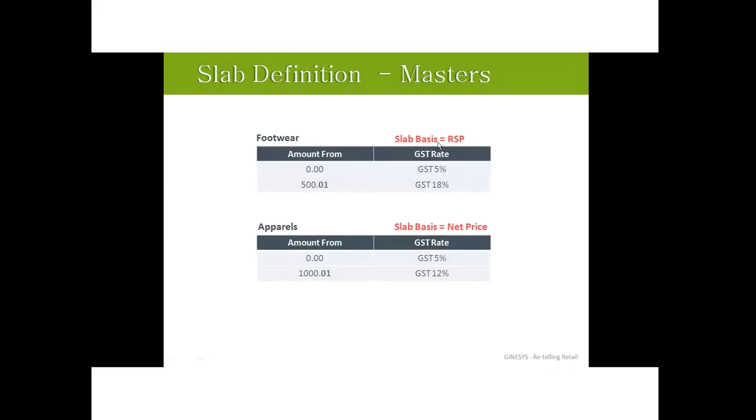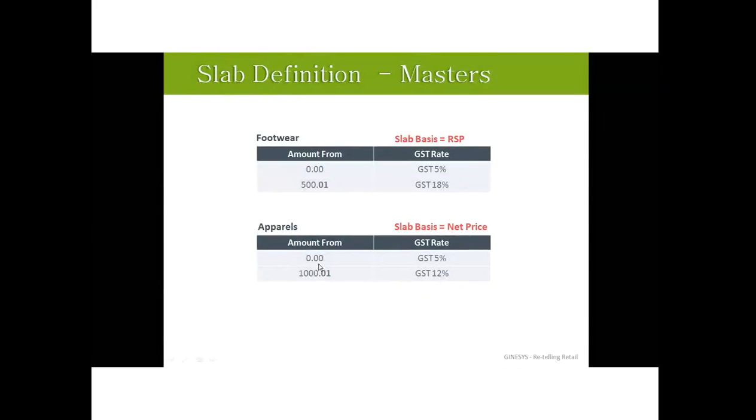So you'll have to define the slab like this: amount from 0 as 5%, and amount from 500.01 will be charged as GST 18%. Remember, the slab basis is RSP. It is not transaction value. It is RSP for footwear.